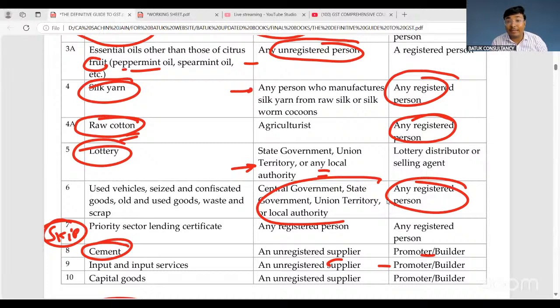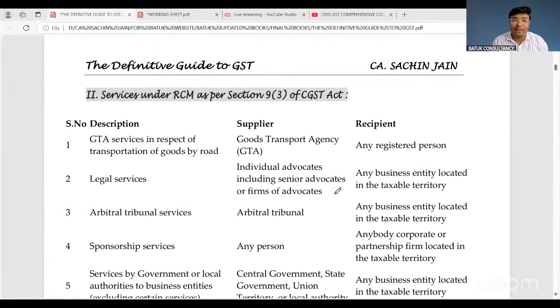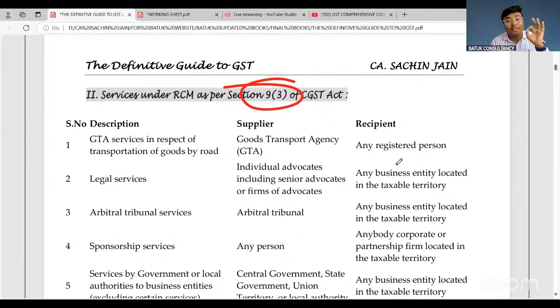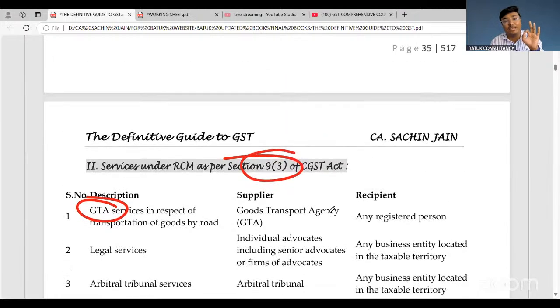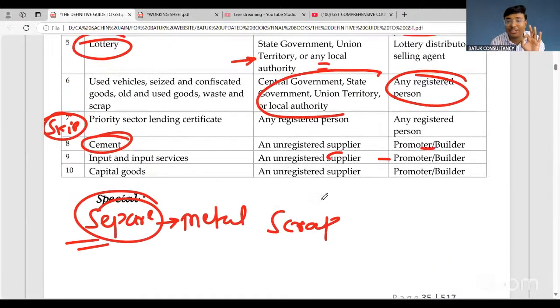Commercial property rent, sir, rent is covered under the services part. When we cover services under reverse charge mechanism, 9(3), we will definitely cover commercial property, transportation, GTA services, everything in our Monday session, when we start our discussion on reverse charge mechanism on account of services, because in today's session we have only covered the goods list.